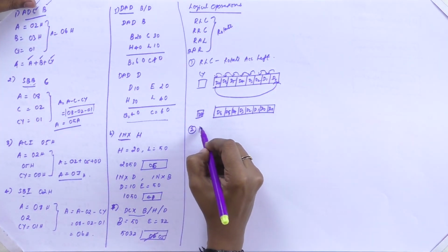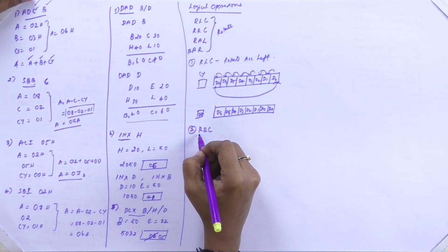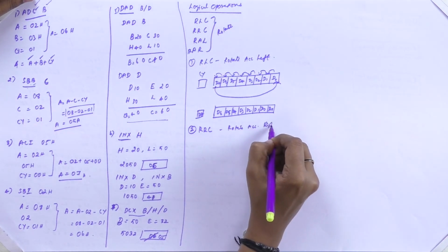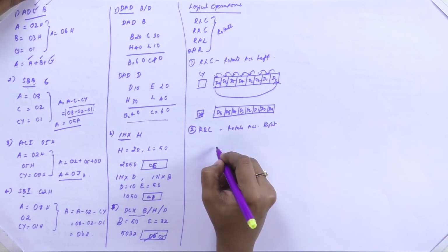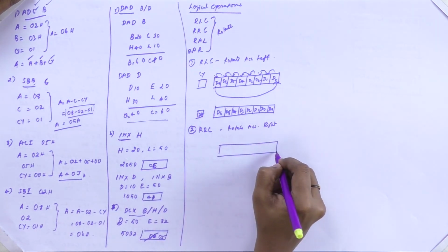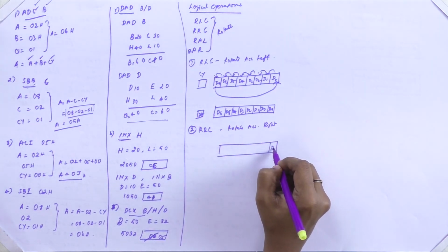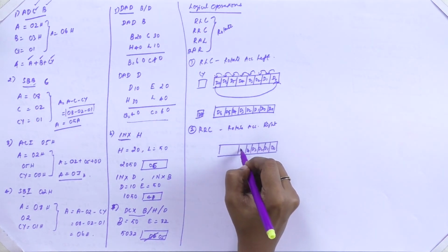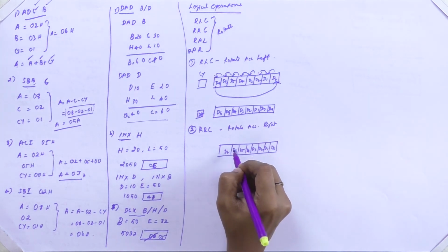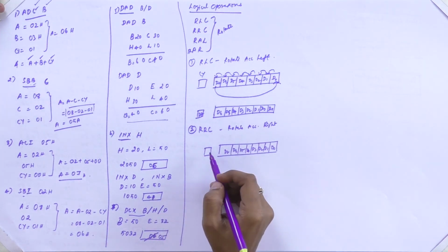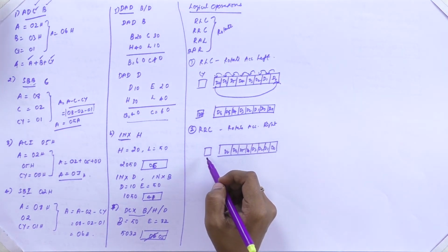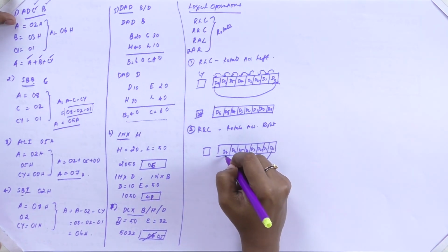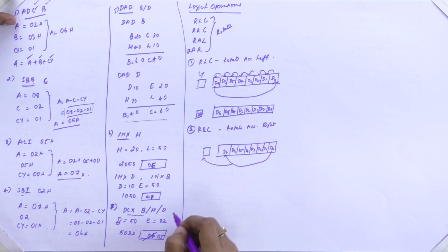The next instruction is RRC, rotate accumulator right. In this instruction, let us consider the general basic format of any register. D0, D1, D2, D3, D4, D5, D6, D7 and the carry bit. So if you execute this instruction, this D0 bit will be stored in the place of D7 and the carry flag.